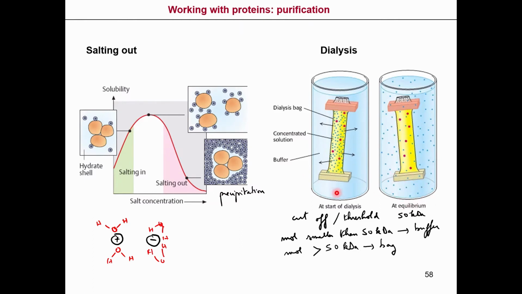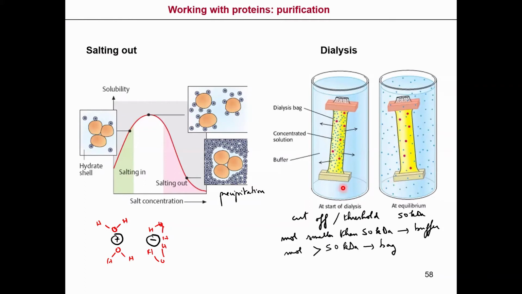So you will have an equilibrium between what you have in the bag and what you have in the buffer, and you can wash what is in the bag by doing several dialyses. So you will change the buffer, usually 3 times, and you will obtain a protein with less salt. It's also a way to change your buffer.